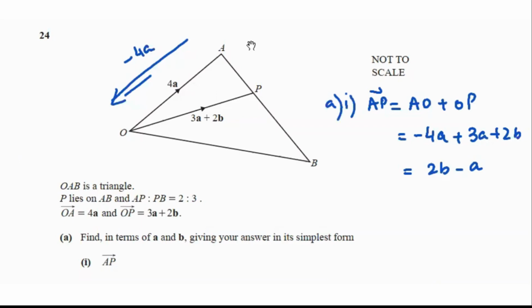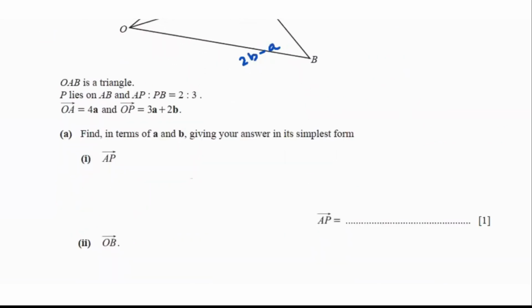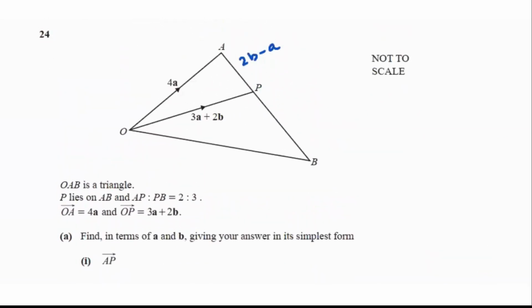Then it says, find OB. I'm just going to write that down over here. To find OB, this is what we have to find. I'm going to find PB first.